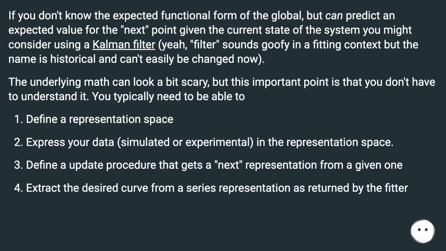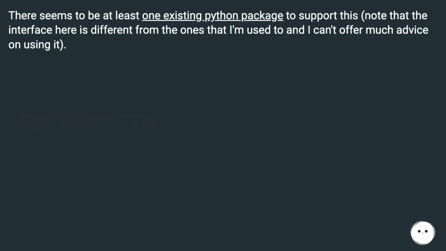Express your data, simulated or experimental, in the representation space. Define an update procedure that gets the next representation from a given one. Extract the desired curve from a series of representations as returned by the fitter. There seems to be at least one existing Python package to support this. Note that the interface here is different from the ones that I'm used to and I can't offer much advice on using it.